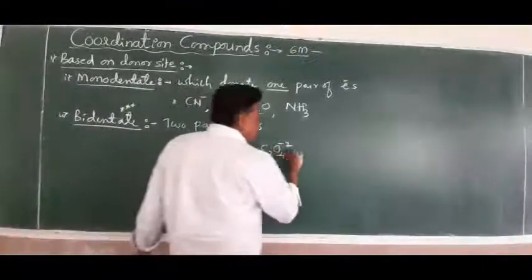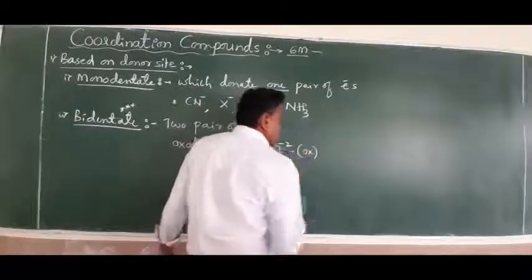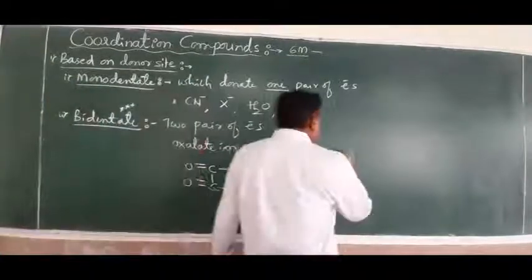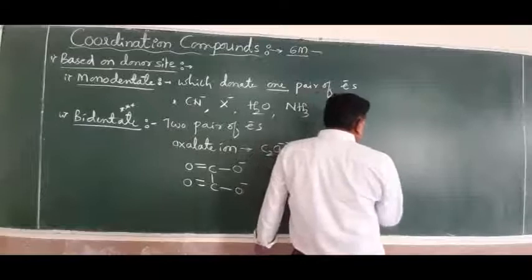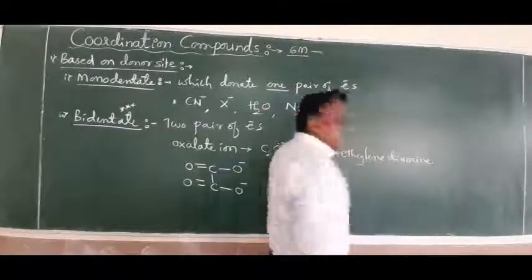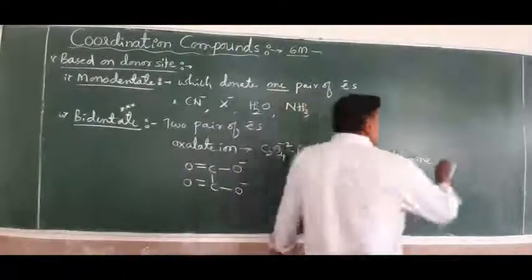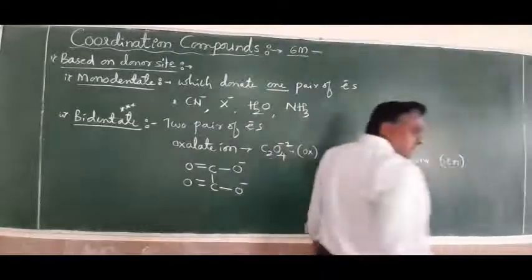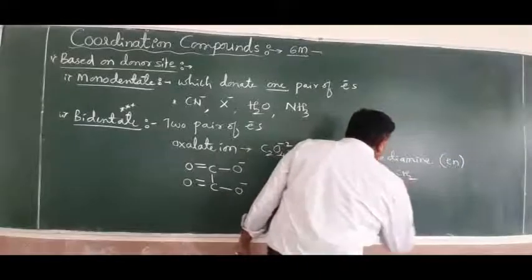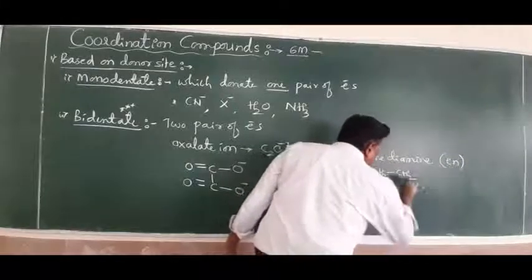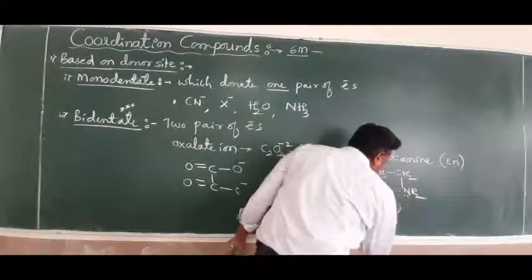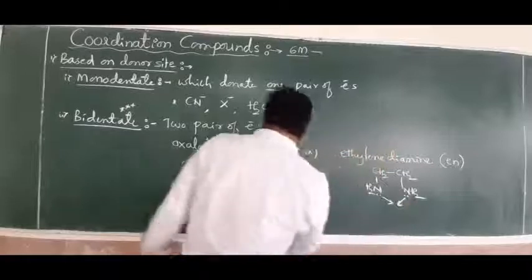The abbreviation of oxalate is pronounced as ox. Another one is ethylene diamine. The symbolic notation is en. The formula is CH2 CH2, with NH2 NH2, and nitrogen has a lone pair here.